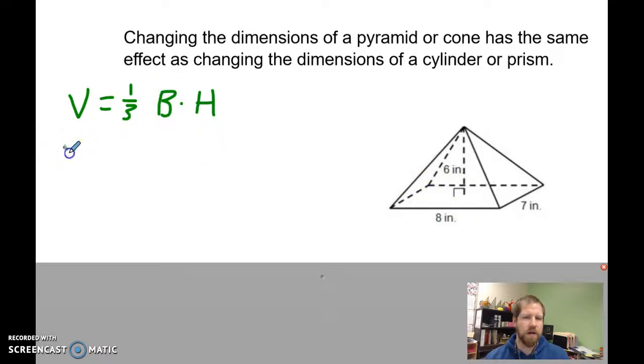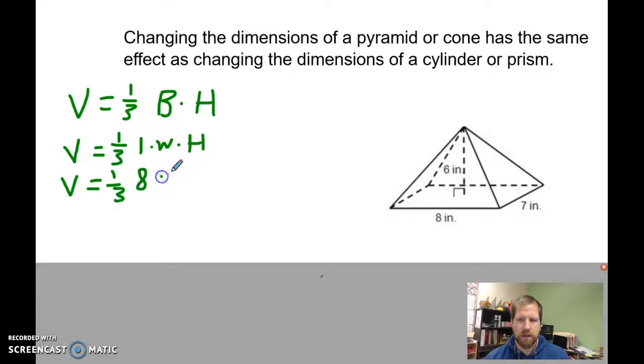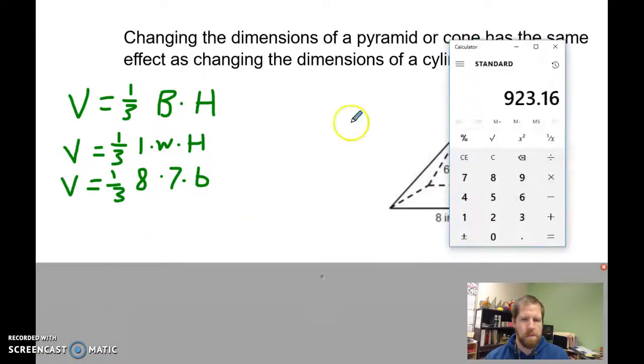With a rectangular pyramid, volume equals 1/3 length times width times height, or volume equals 1/3 times 8 times 7 times 6. 8 times 7 times 6 times 1 divided by 3. Should be 112.